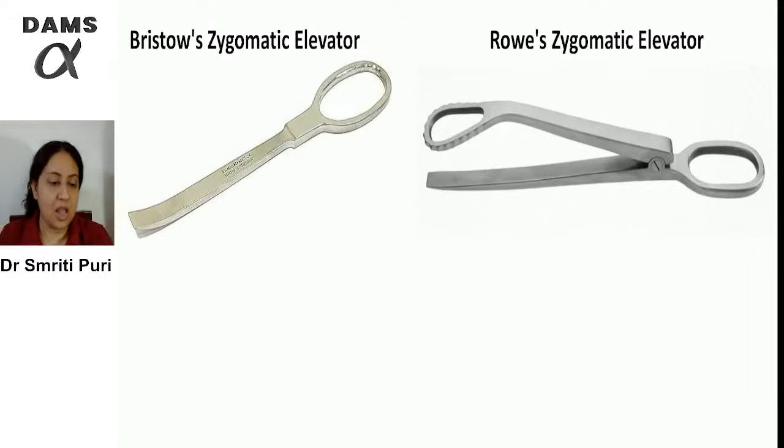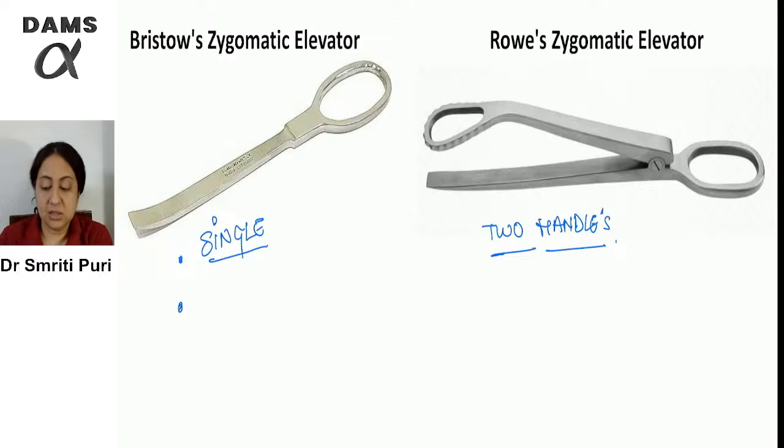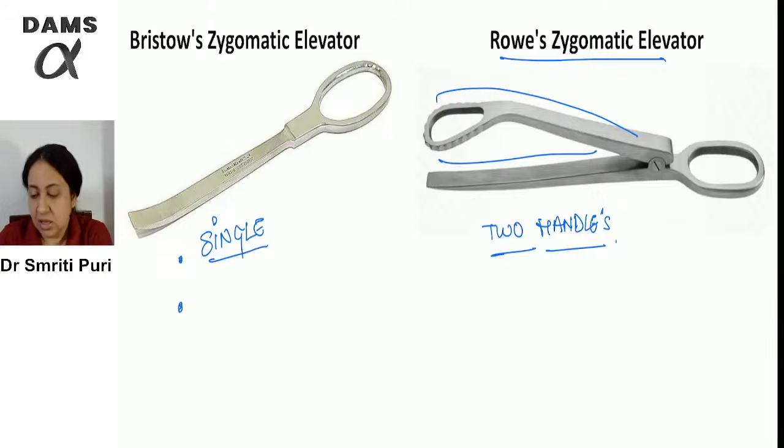Bristow's zygomatic elevator and Rose zygomatic elevator. Alright, so just quickly the differences. This has a single handle and this has 2 handles. Here in Bristow's zygomatic elevator this is a little dicey to use because you are taking leverage on the bone. However, since Rose zygomatic elevator has 2 handles, this one goes between the muscle and the fascia, and this one remains outside.